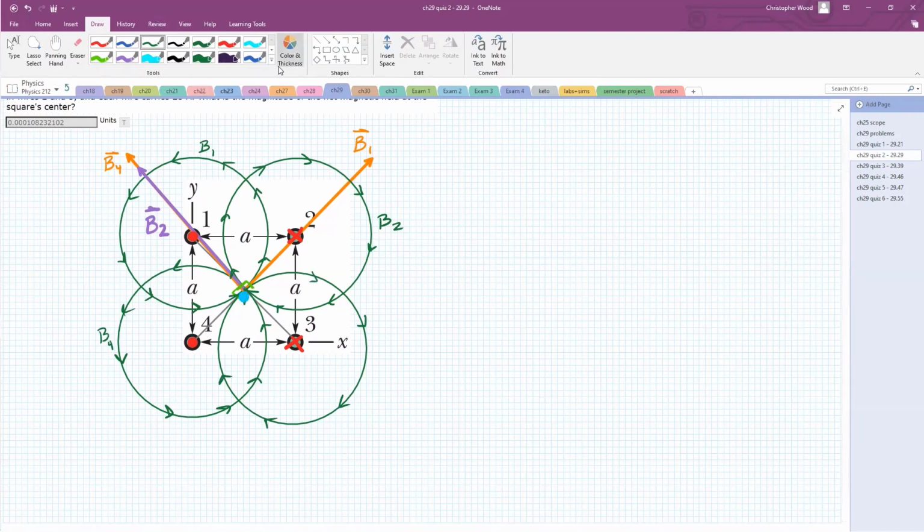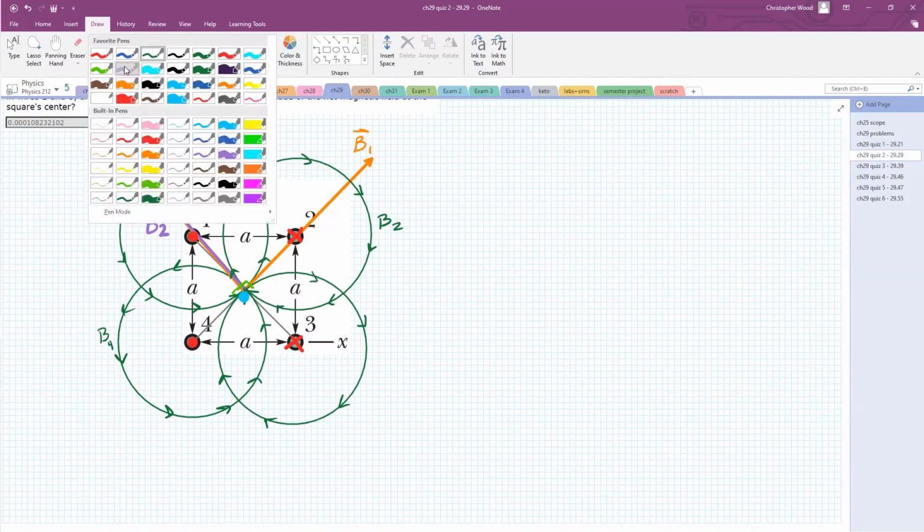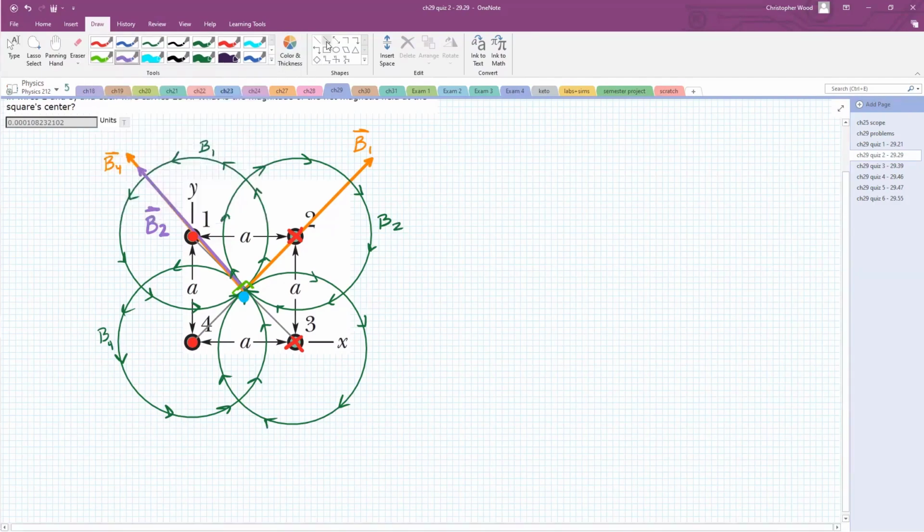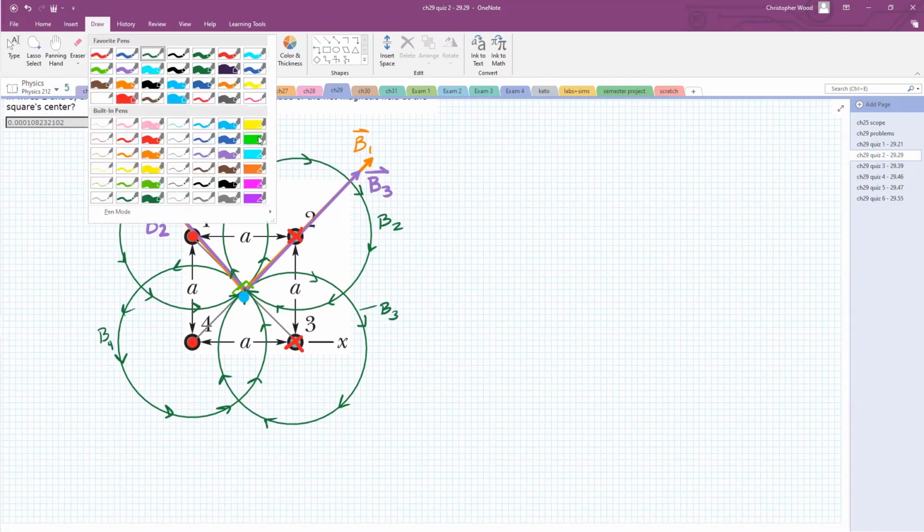So I have this kind of similar. This is the magnetic field at point P due to the current flowing through wire 3. So this is the B3 vector, which is tangent to the B3 field, which is right here. All right, let me make sure I have everything.